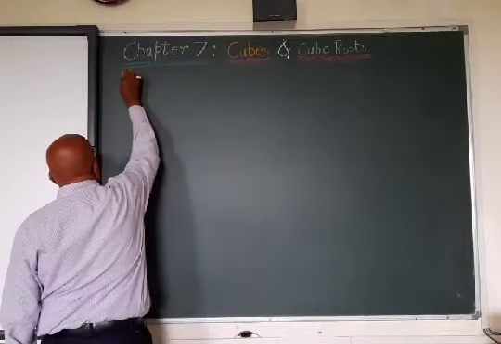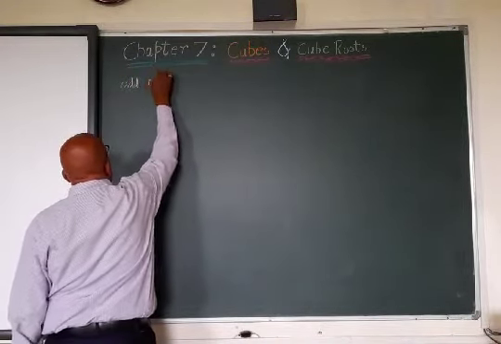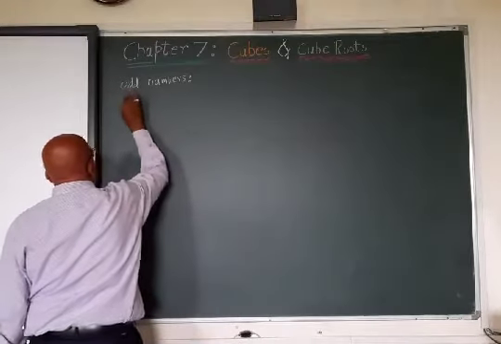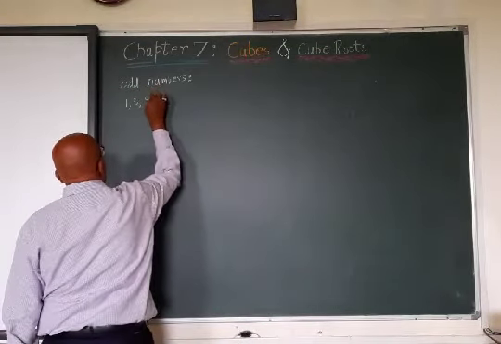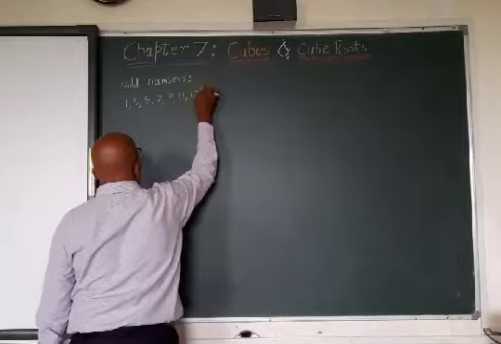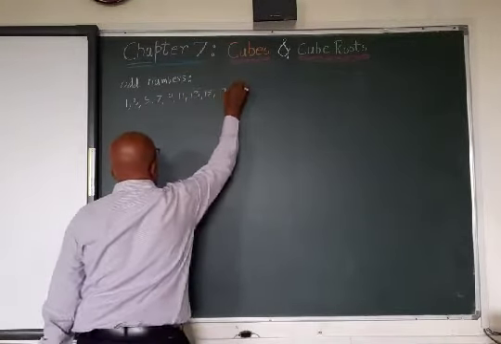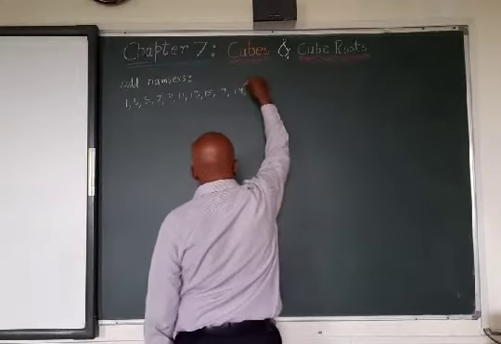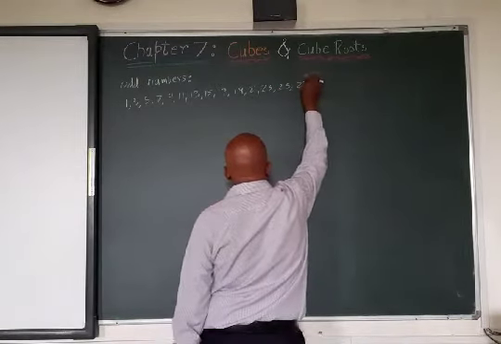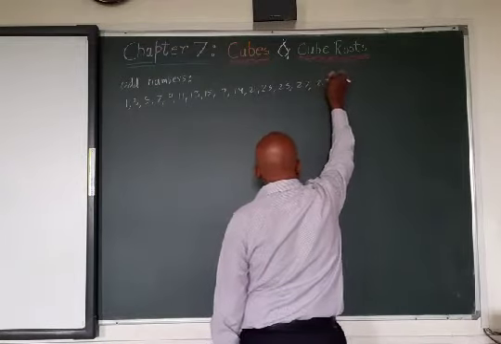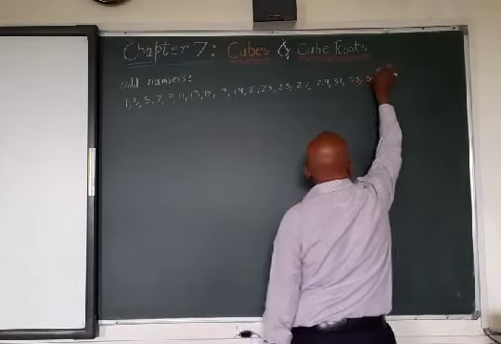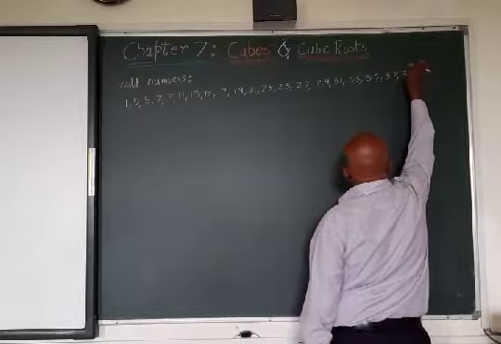I will write here odd numbers starting from 1, 3, 5, 7, 9, 11, 13, 15, 17, 19, then 21, 23, 25, 27, 29, 31, 33, 35, 37, 39, there.